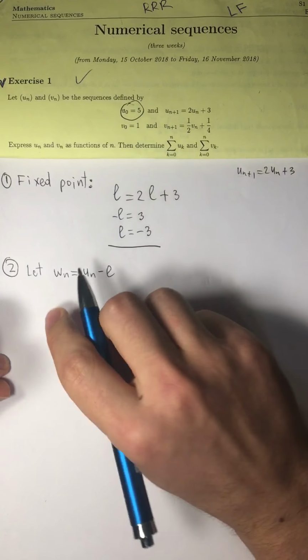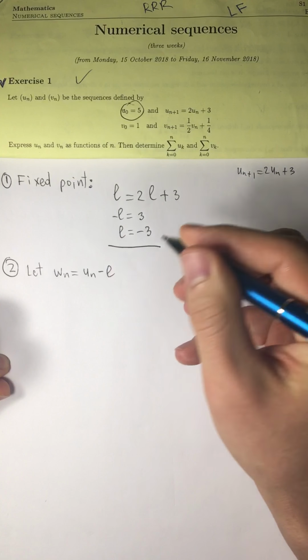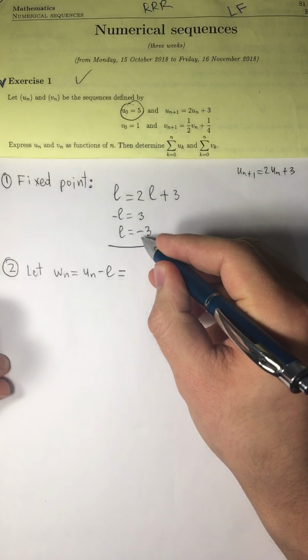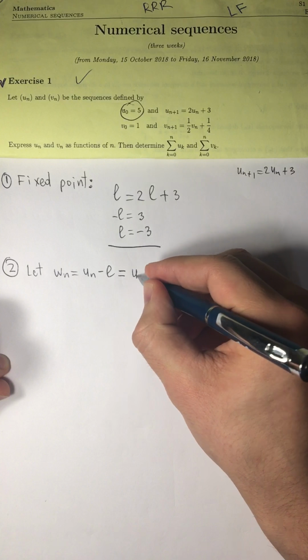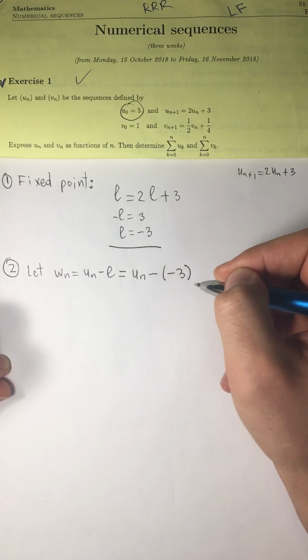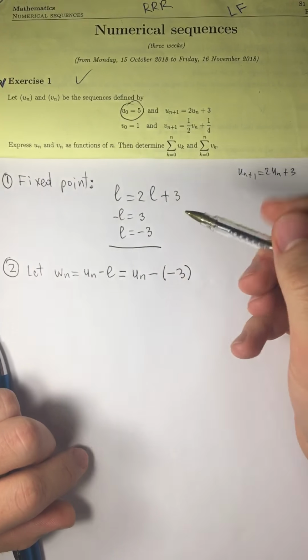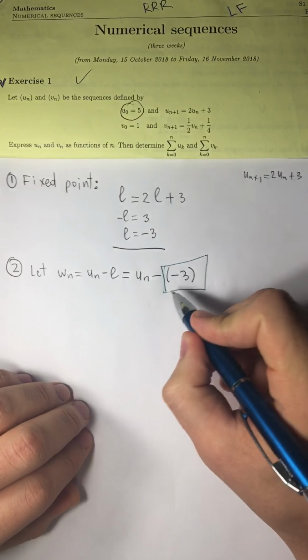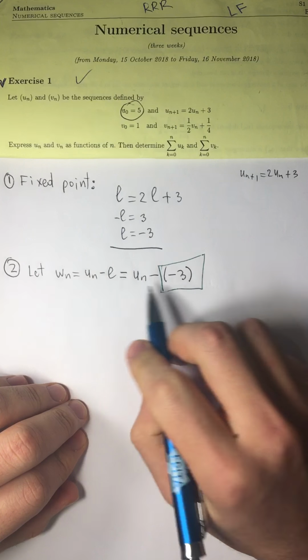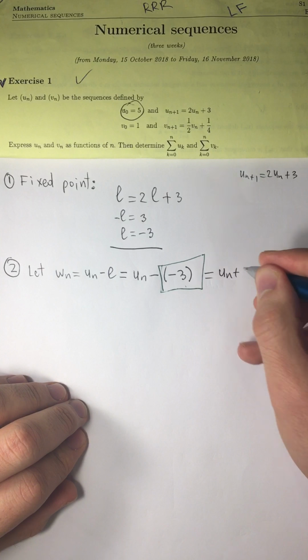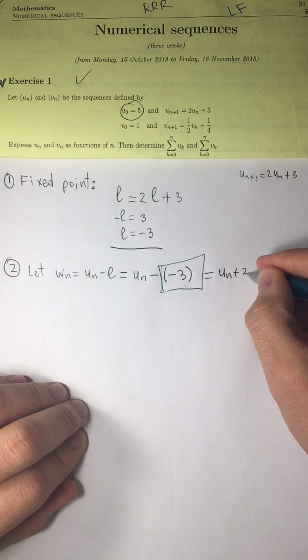Just memorize it. wn is equal to un minus L, and then here let's insert L. We know that L is equal to minus 3, so un minus L is un minus minus 3. I'm gonna use my green pen because this part is important, because L is minus 3, and you gotta be careful with the sign. At the end we have wn is equal to un plus 3.